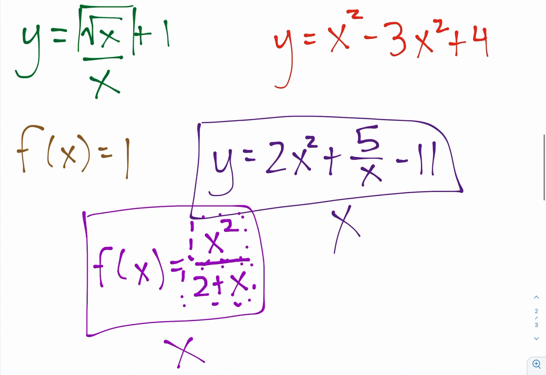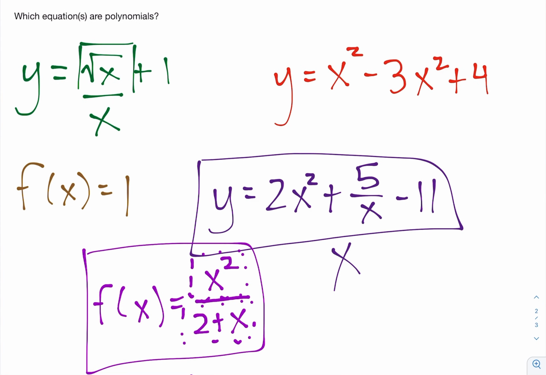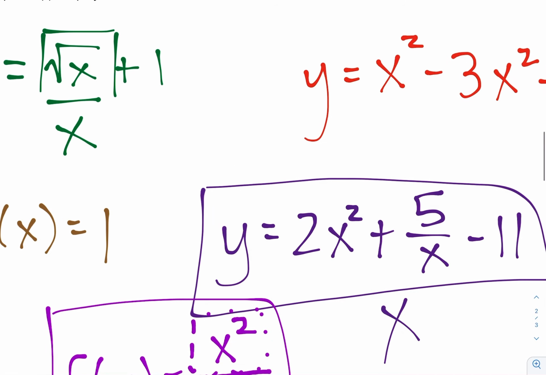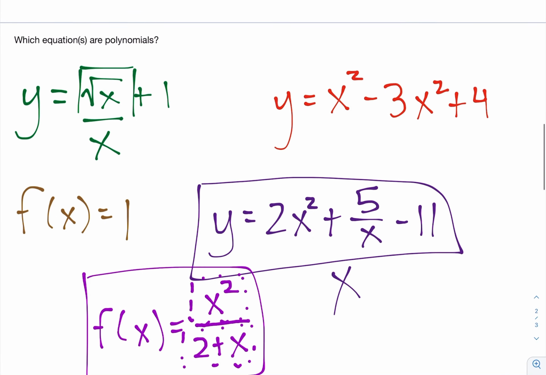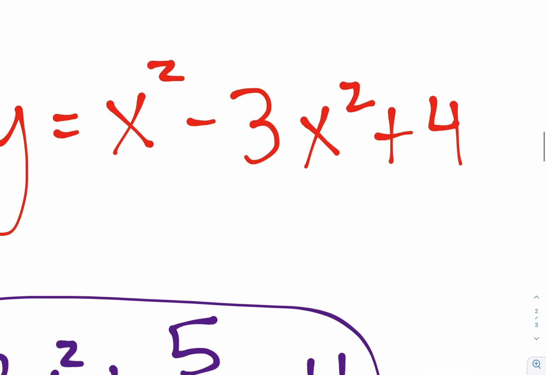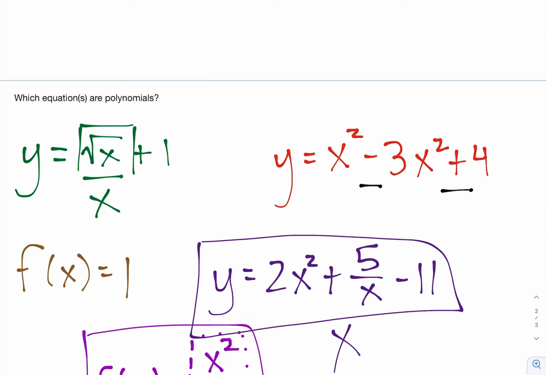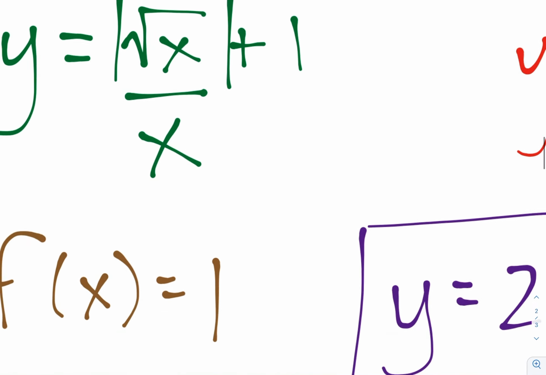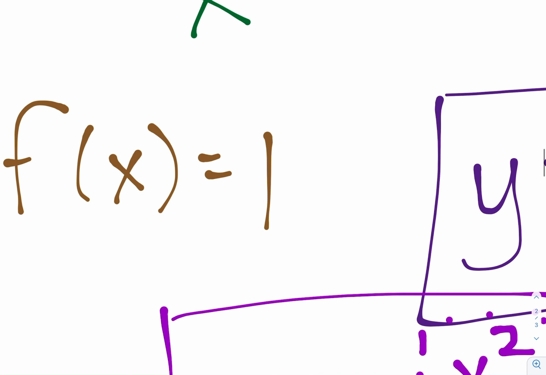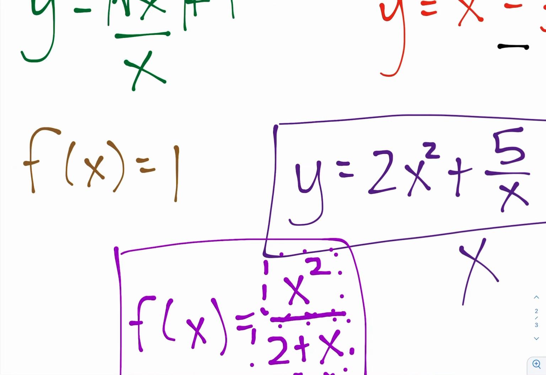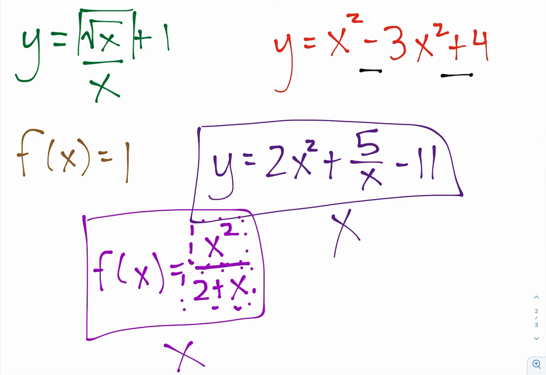A rule that might help you out is that polynomials can only add, subtract, or multiply with other terms. See how this polynomial over here has a minus sign here and a plus sign there? That's all good. For this polynomial here, there was only this one term, so it wasn't really interacting with any other numbers, so we're just going to leave that.